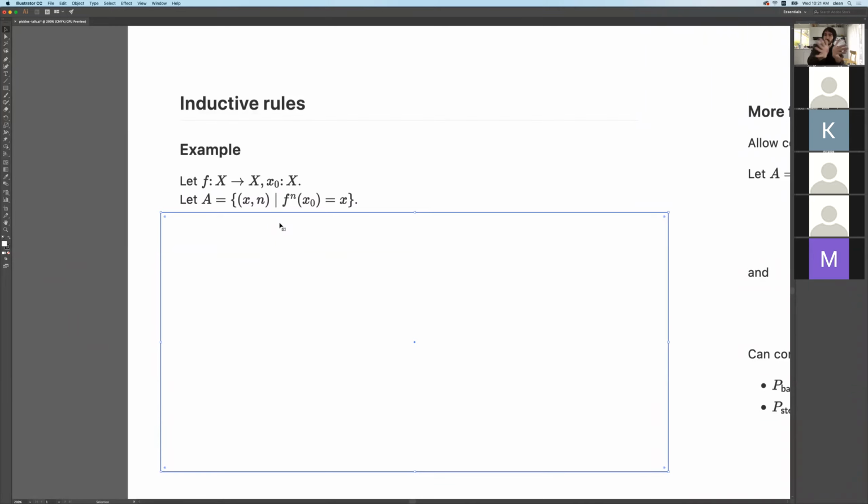Is the example clear? Here's x0, here's x, here's f, and I want to convince you that if you start with x0 and apply f n times, you'll get x. Okay, so that's the example.